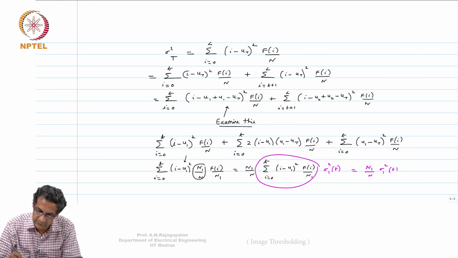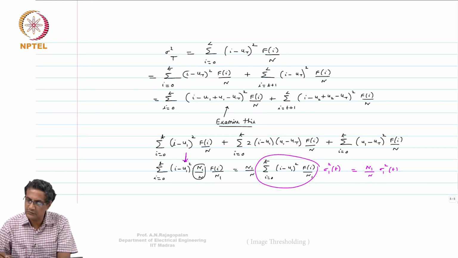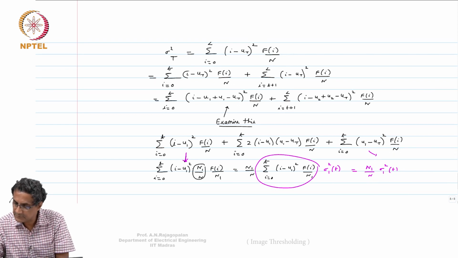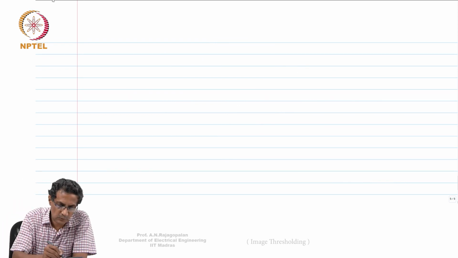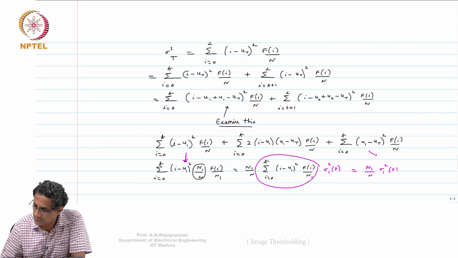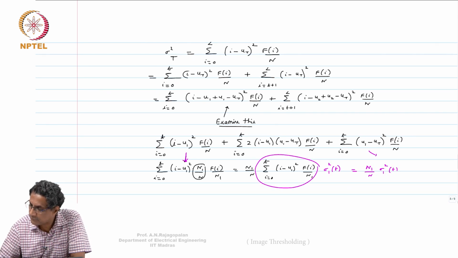So, the first term reduces to this. Now, let us look at the last term. The last term is (mu 1 minus mu t) the whole square. So, summation i equal to 0 to t (mu 1 minus mu t) the whole square into f of i by n.